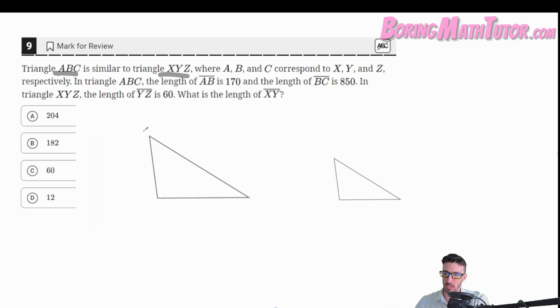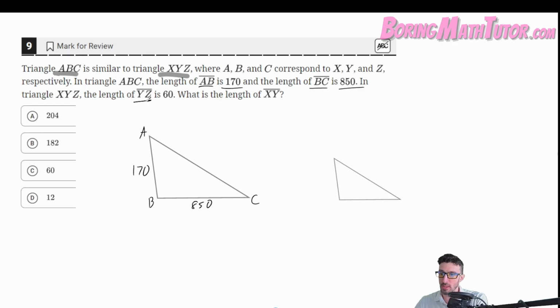Well, let's say I just decide to call this one ABC, and I say that AB is 170 and BC is 850. Please do not laugh at my scale. It does not make any sense, but that's okay. We just need to set things up, and then we'll go with the flow.